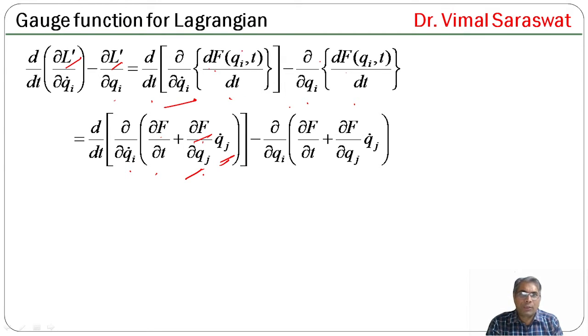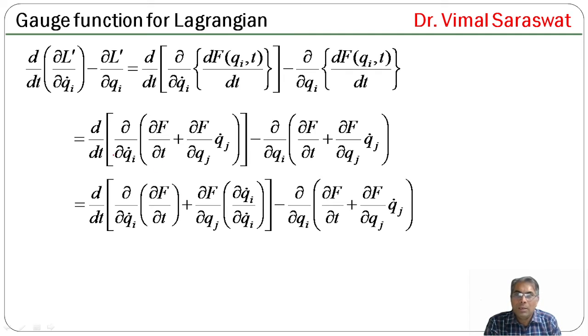Because f is a function of q_i and t, df upon dt is actually del f upon del t plus del f upon del q_j into q_j dot, minus del upon del q_i as it is, and df upon dt is del f upon del t plus del f upon del q_j into q_j dot.